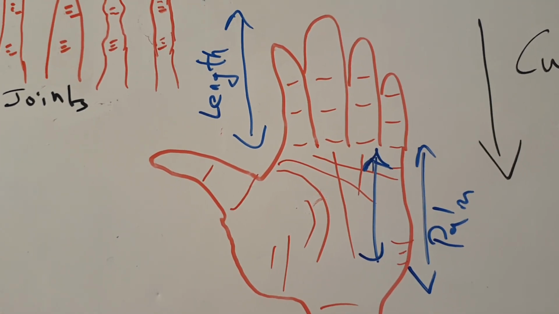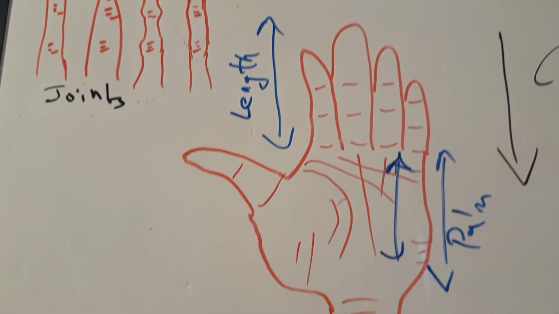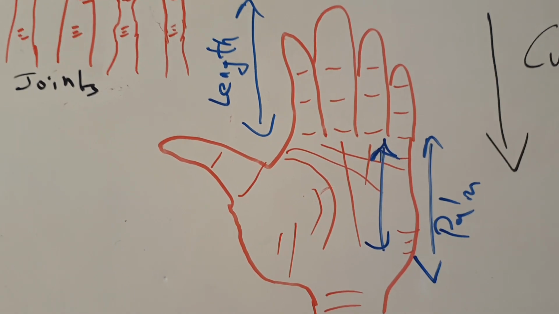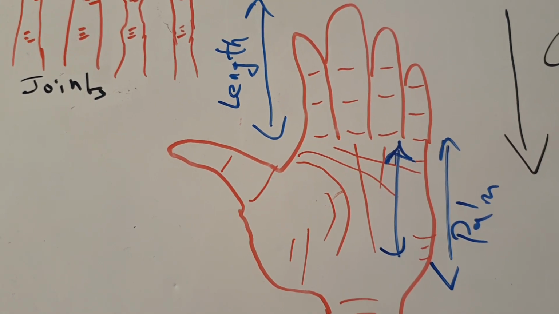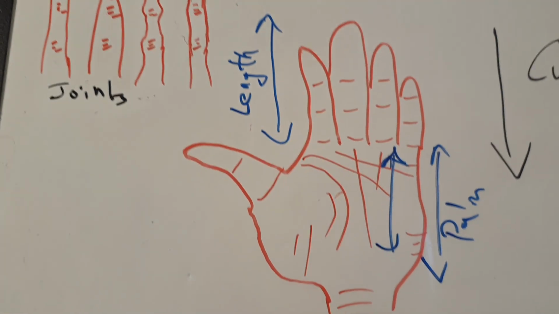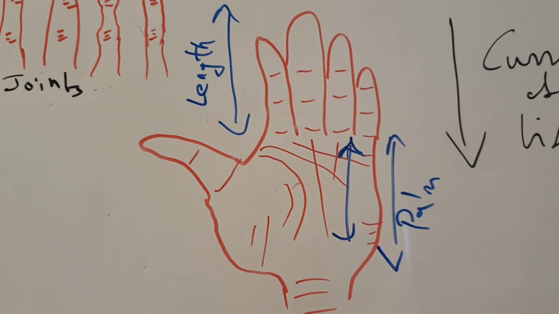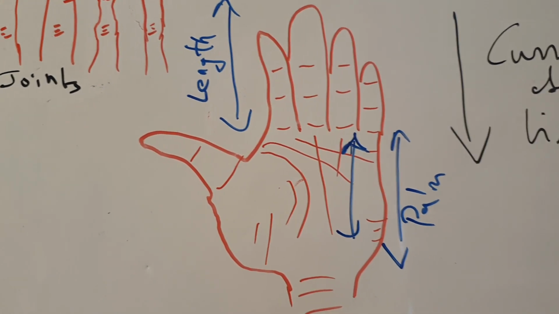The person tends to be quick, tends to look at the macro picture rather than the details, and could also be impulsive. It depends on the finger shape, which I will come to later. So that's a brief overview of the finger length.